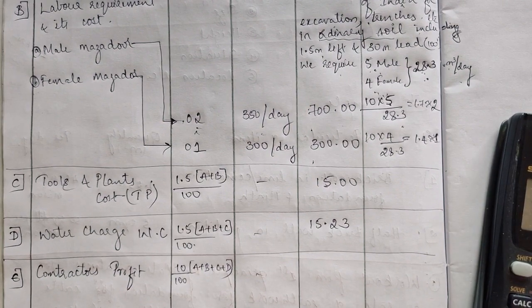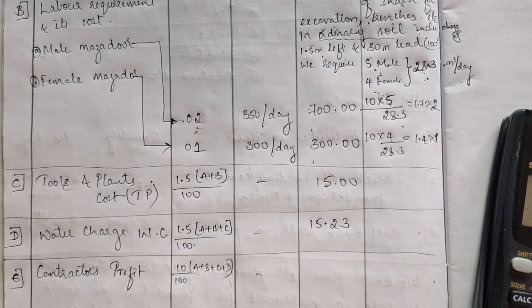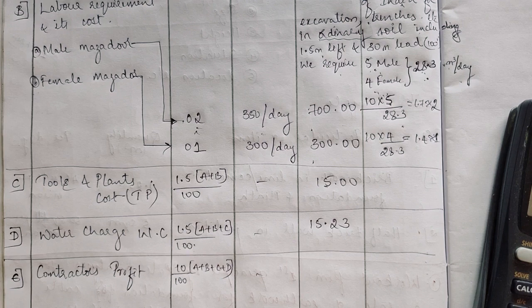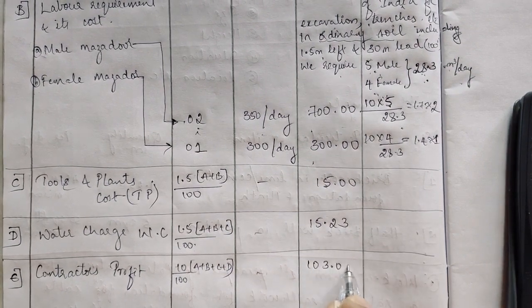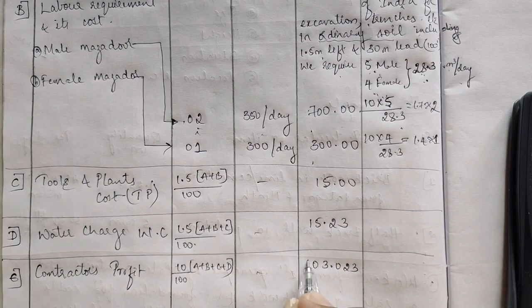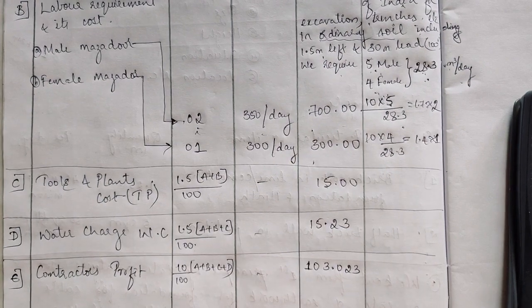So 1000 plus 15 plus 15.23 into 10 divided by 100, right? It is 103.023. You calculate, you will get the same value.